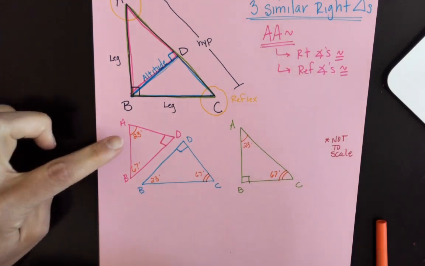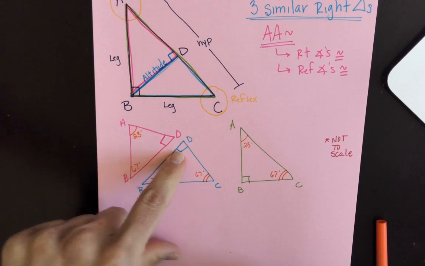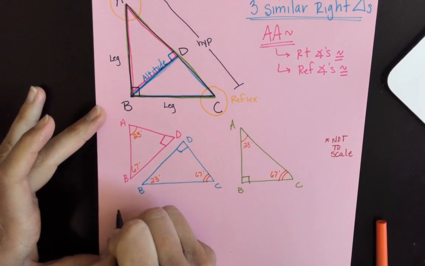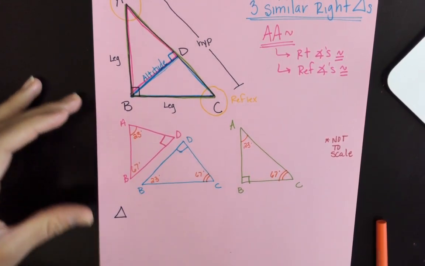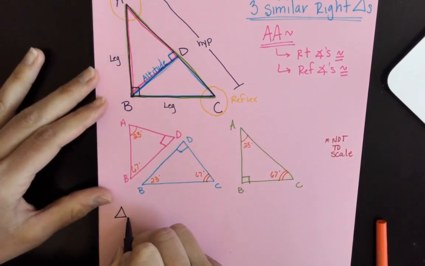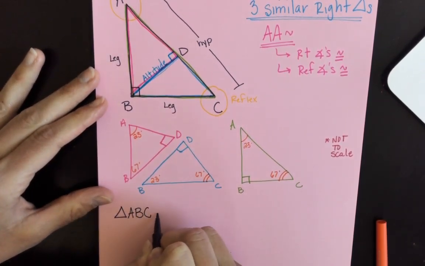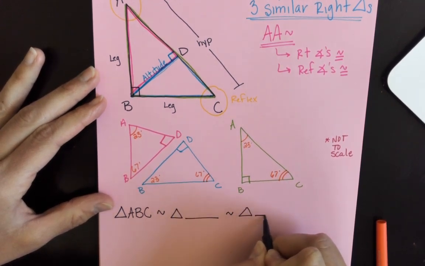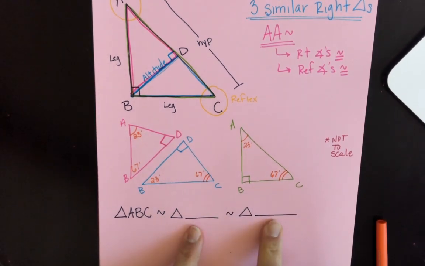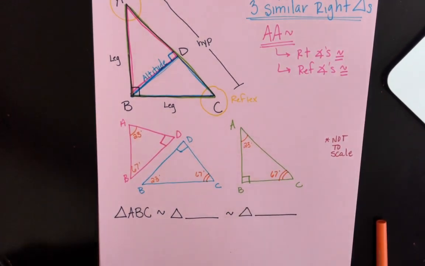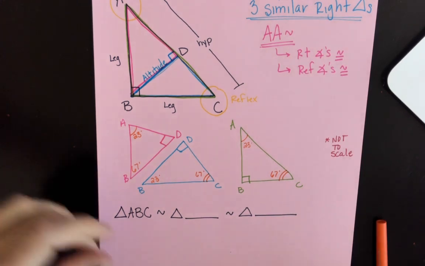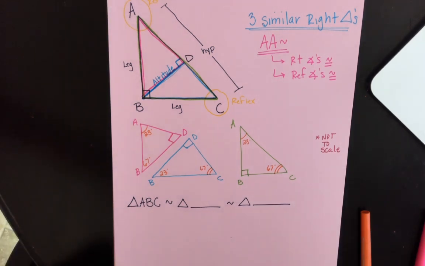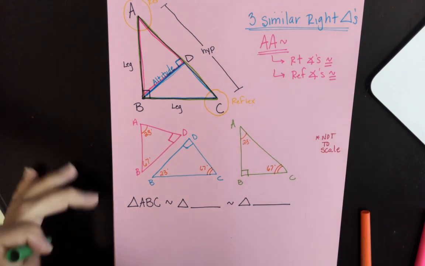If I named this first one, and yes, we're supposed to put that right angle in the middle, but let's say I said triangle ABC is similar to the other two. How would I name those other two in order for this to be correct with correspondence? So think about that. How would I name those other ones so that they are correct when we talk about correspondence?